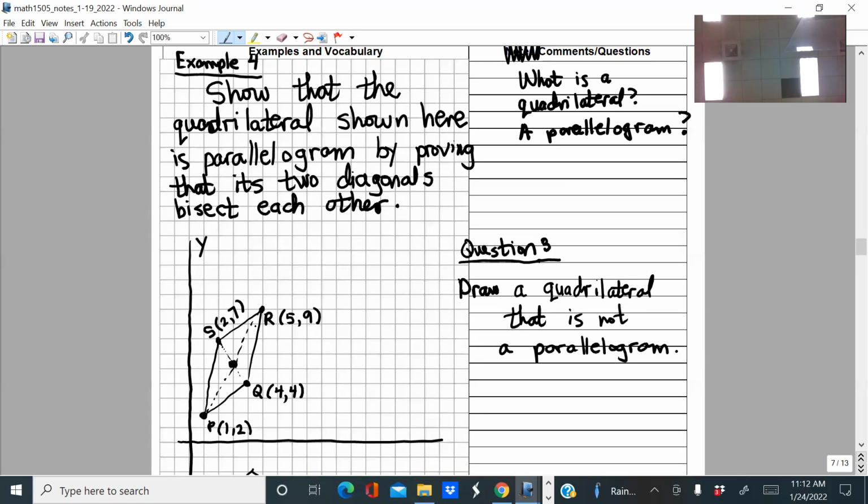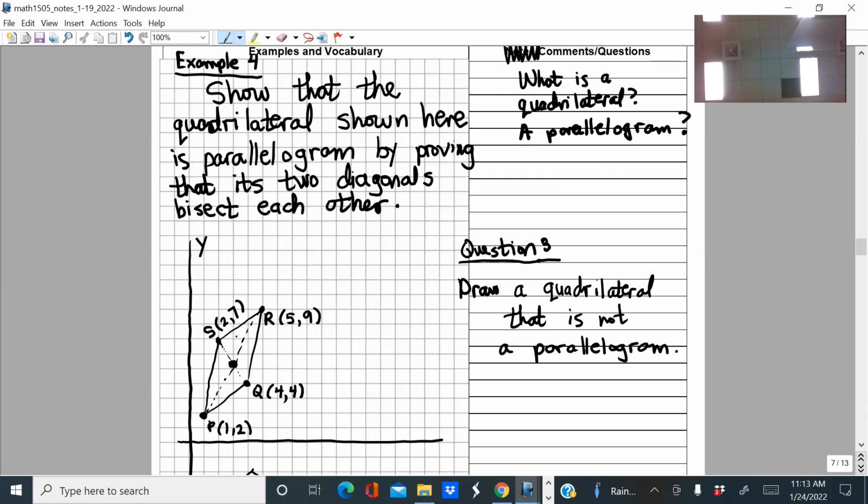Get the midpoint, Robbie, of what? Well, you're talking about the midpoints of these 2 points, and the midpoints of these 2 points. That's right.